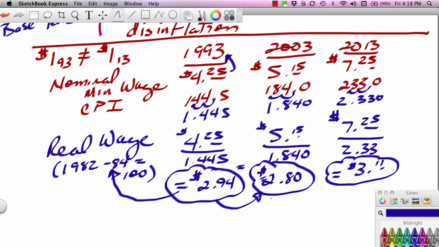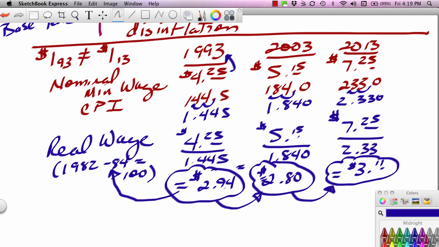Adjusted for inflation, the real minimum wage actually fell over this 10-year period. Between 2003 and 2013, the minimum wage went up slightly over that time period. Basically, the increase in the minimum wage exceeded the increase in prices, so the real minimum wage increased slightly. It wasn't a big increase, but it was an increase.